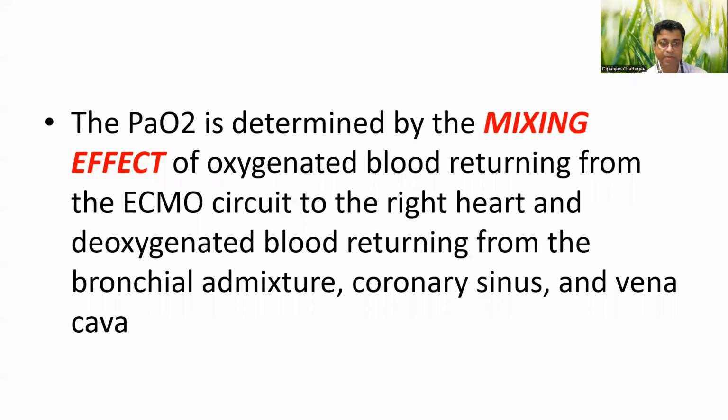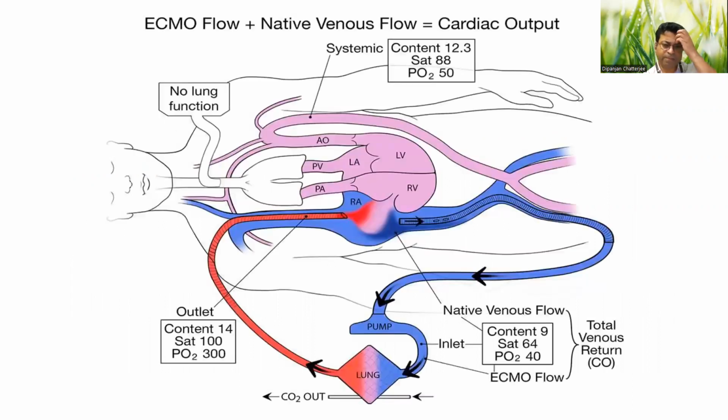But the net oxygen content in the systemic blood is not exactly the same as the blood which is coming out from the oxygenator. Why? Because there is a mixing effect, as you can see in the next example. Suppose you have a venous return of 7 liters and a cardiac output of 7 liters, and your ECMO flow is 4 liters.